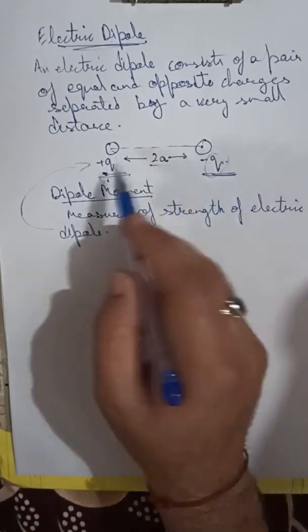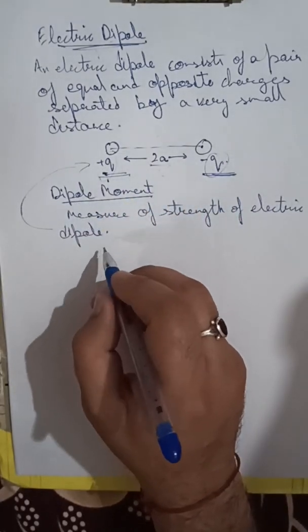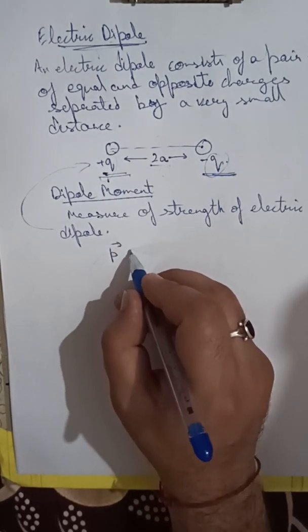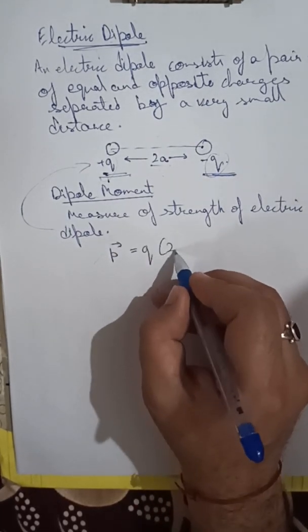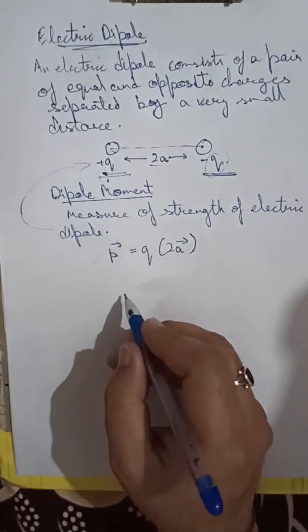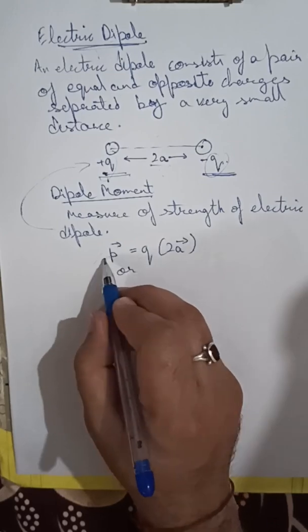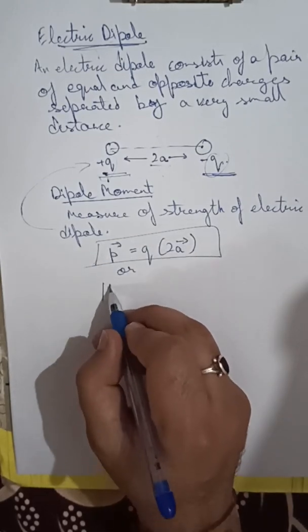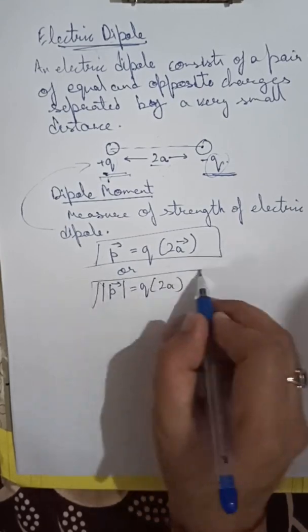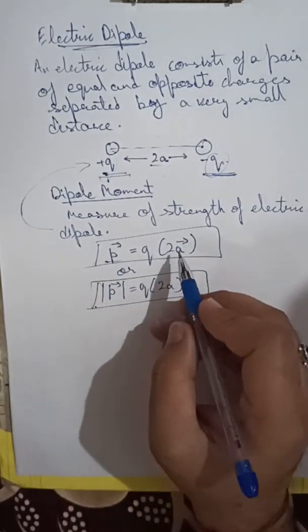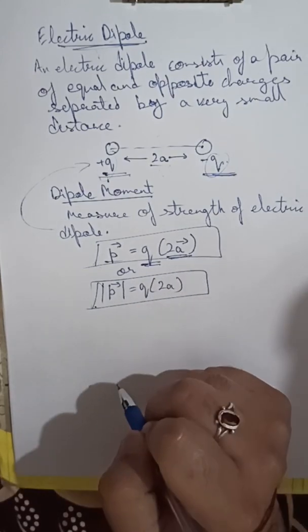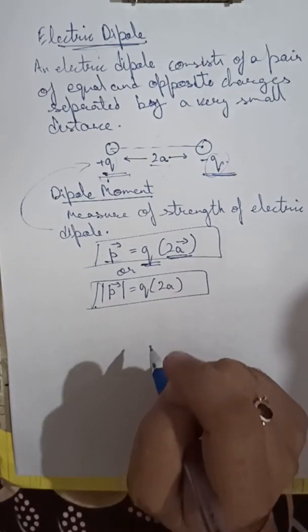Both have the same magnitude but the charge is different. Dipole moment is given by small p and it is equal to q into twice of a, or this is vector form, or in magnitude we write q into twice of a, where p is the dipole moment, q is the charge, and twice a is the distance between these.